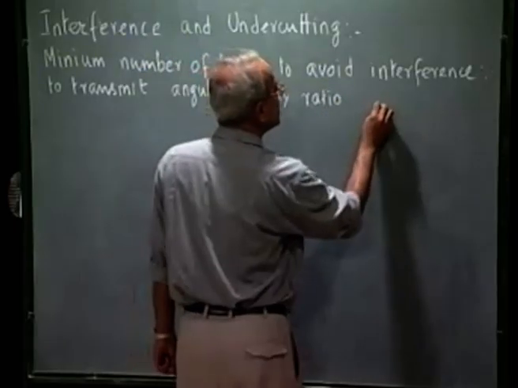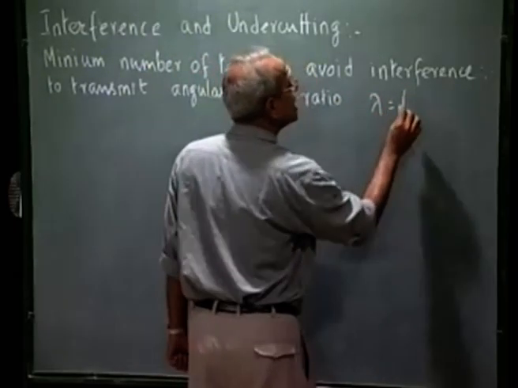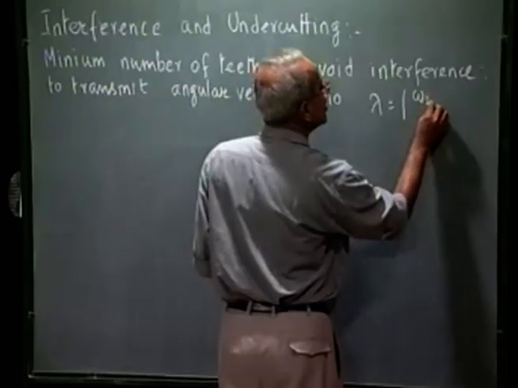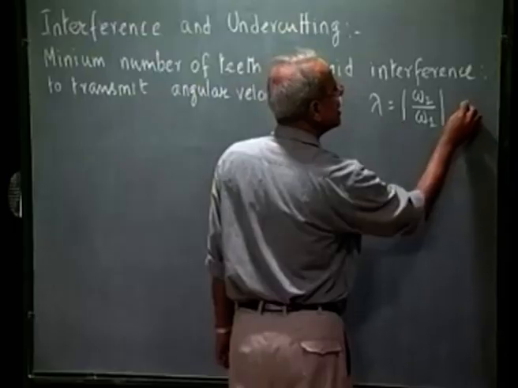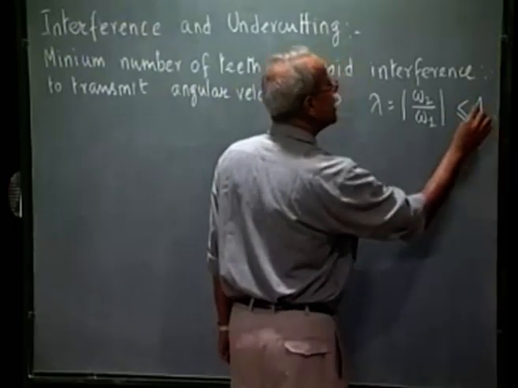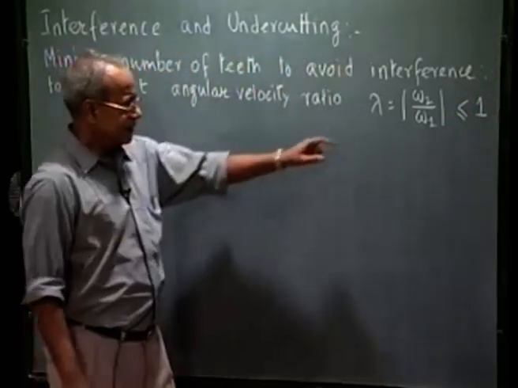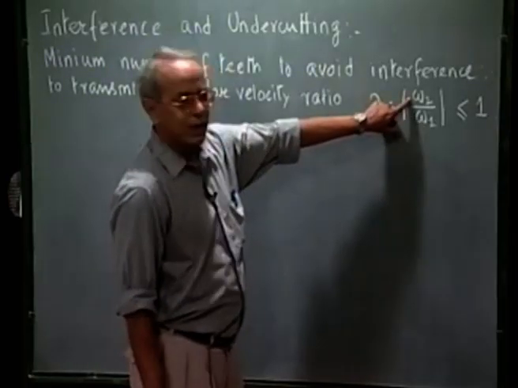Say we call it lambda, which is defined as omega 2 by omega 1, which is less than or equal to 1. That means omega 1 is more than omega 2.